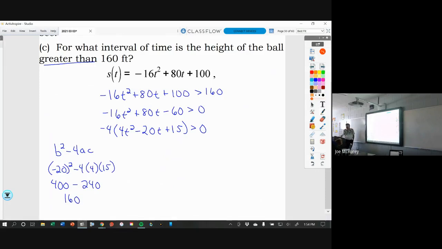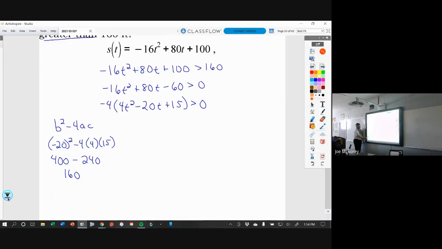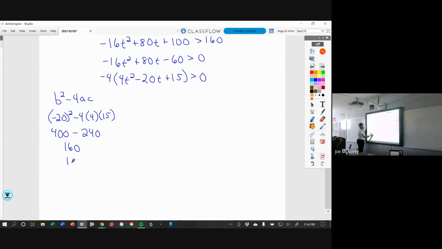So the discriminant is 160. That's not a perfect square, but 160 is 16 times 10, and the square root of 16 times 10 is 4 times the square root of 10.